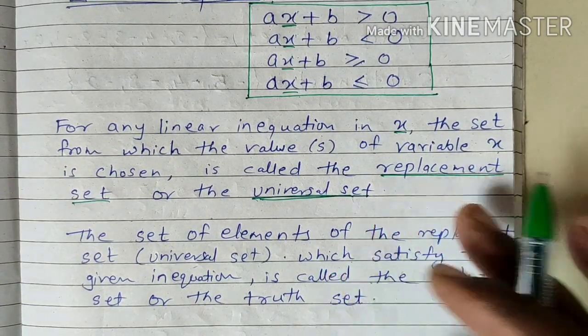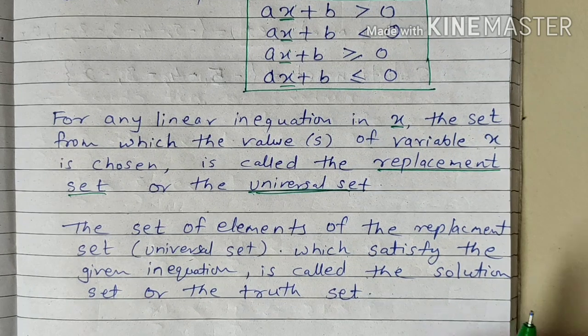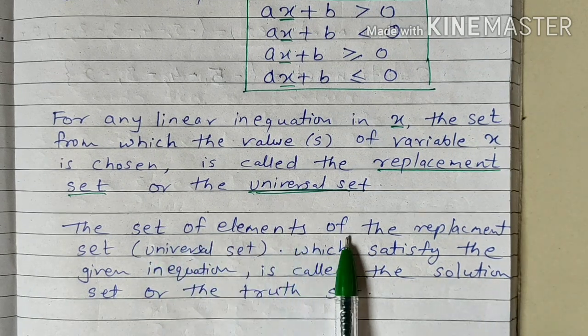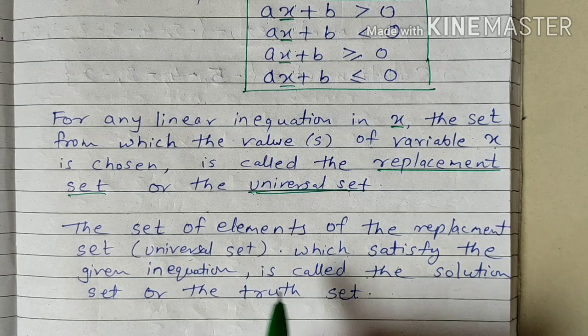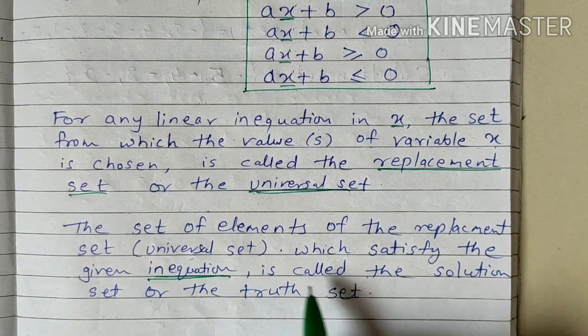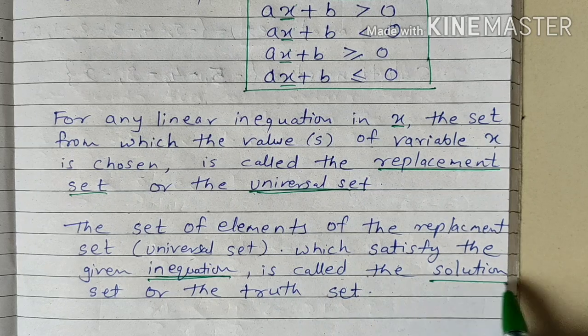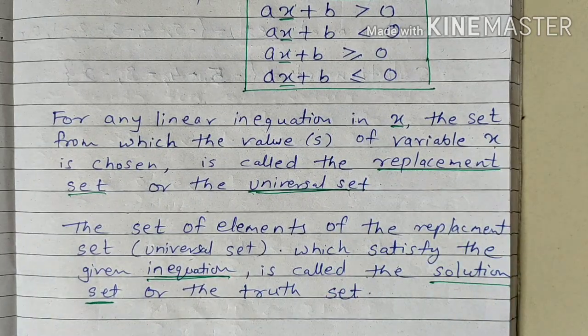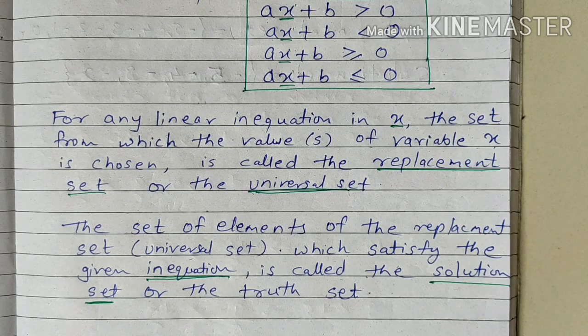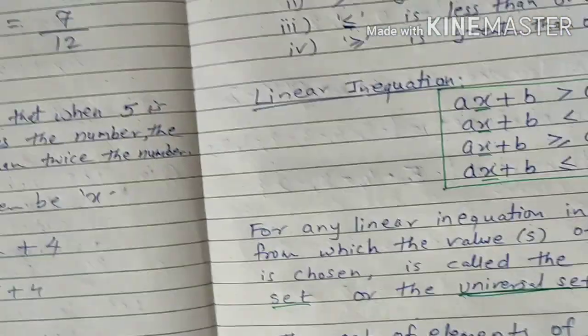Another thing is, the set of elements of the replacement set which satisfy the given inequation is called the solution set. Let us understand these two things, replacement set and solution set, by taking some examples.